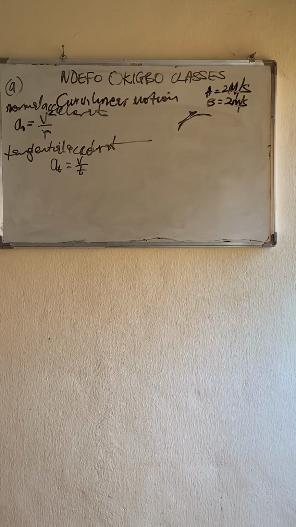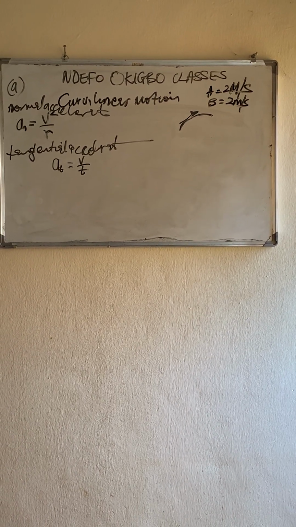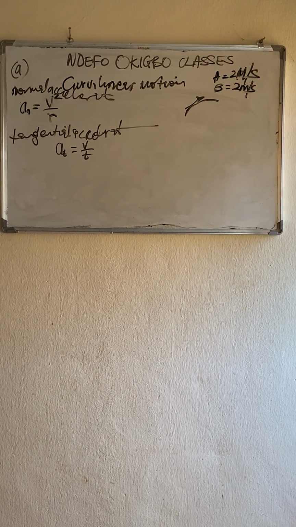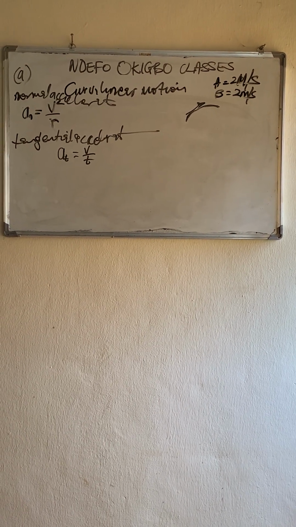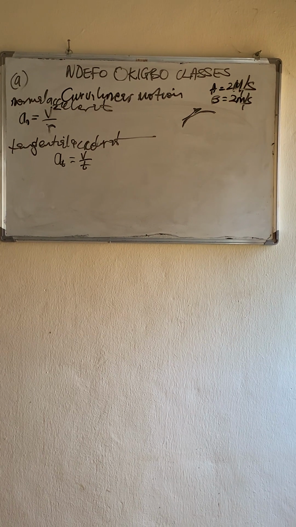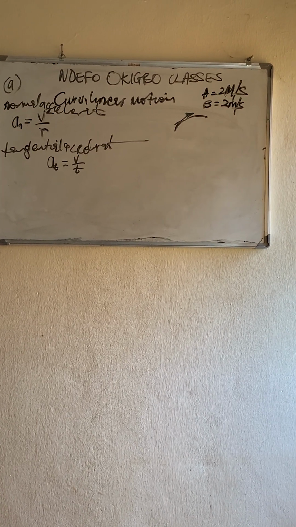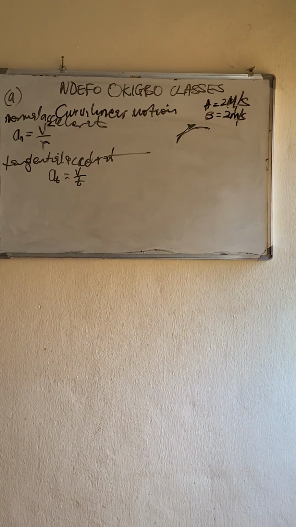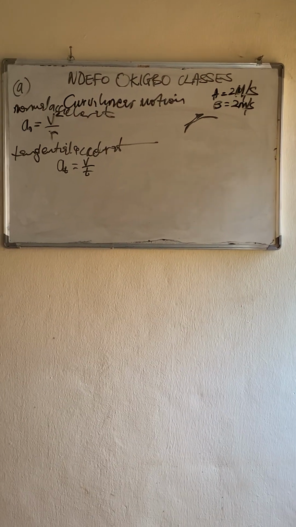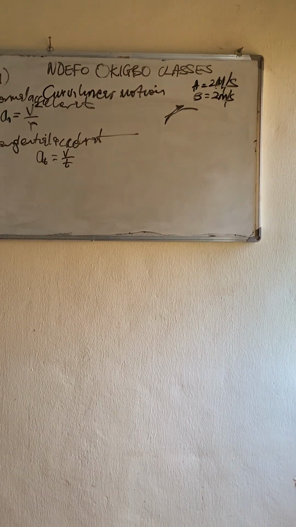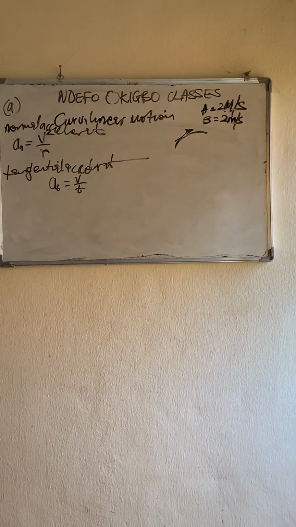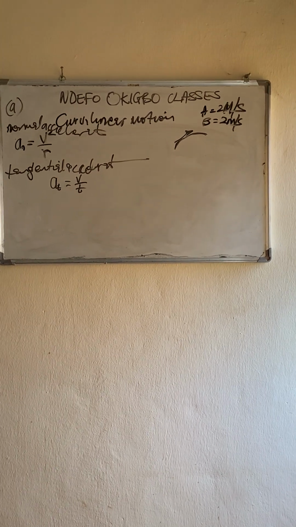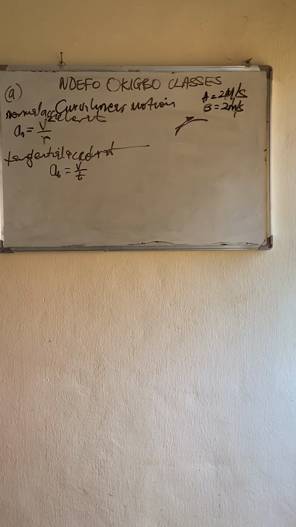Let's also look at questions and see whether we can make use of this. The first one says a vehicle moves at a uniform speed of 3 meters per second on a curved section of a road having a radius of 20 meters. Determine the normal acceleration of the car. It is simple.